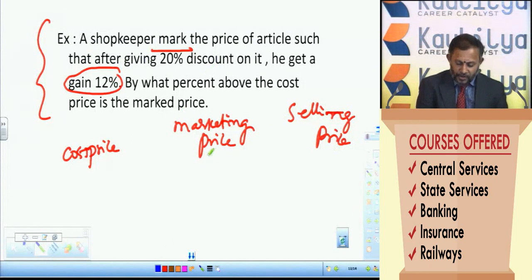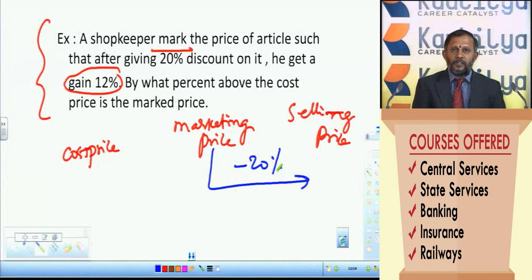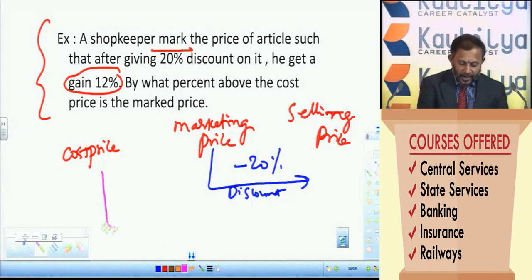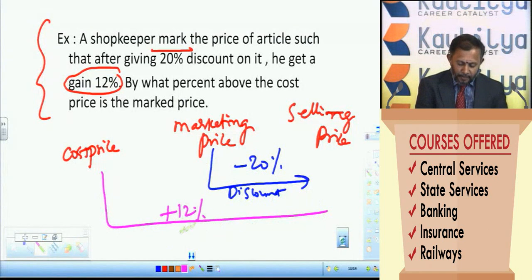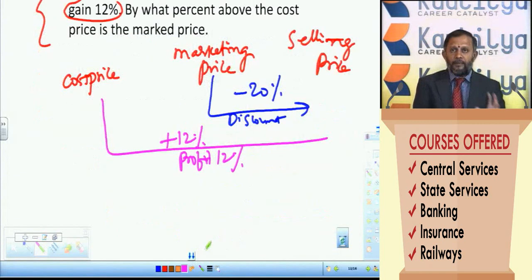So here you have to mention the discount is 20%, minus 20, that is discount. And after giving the 20% discount, he had a profit of 12%, plus 12%. That means he had a profit of 12%.